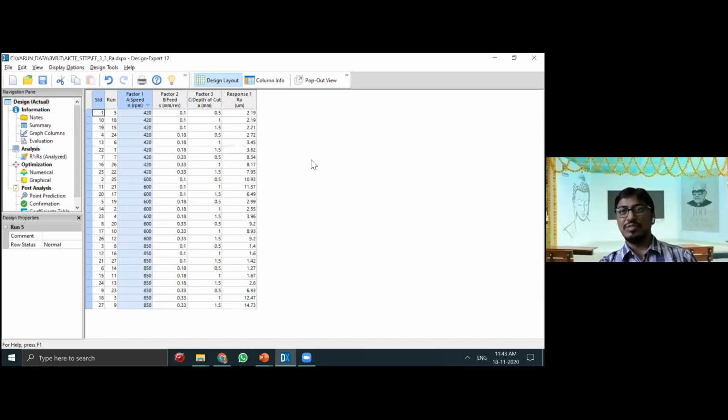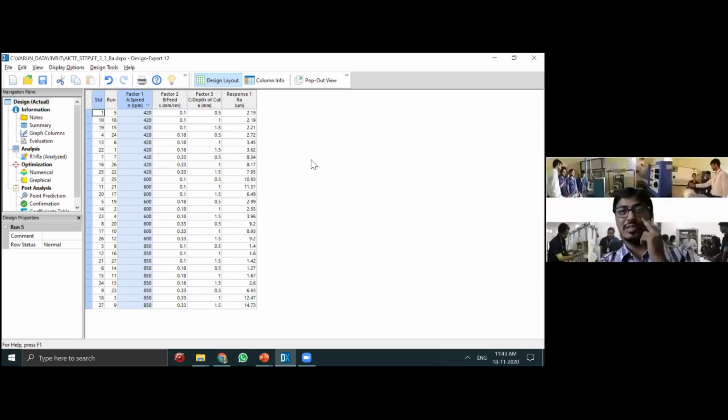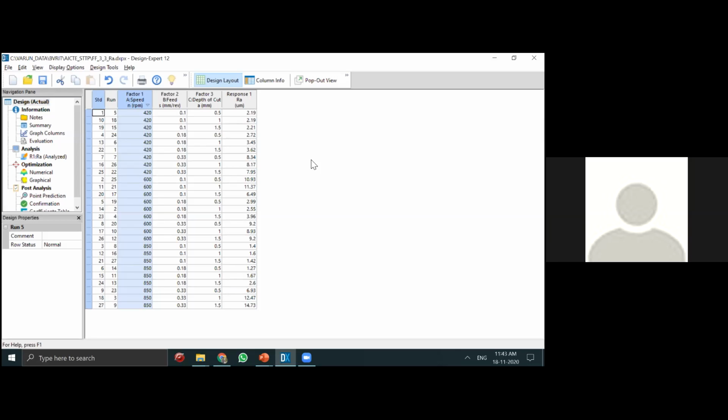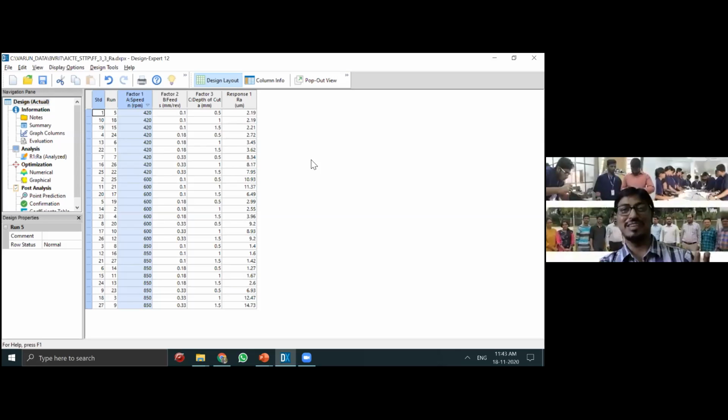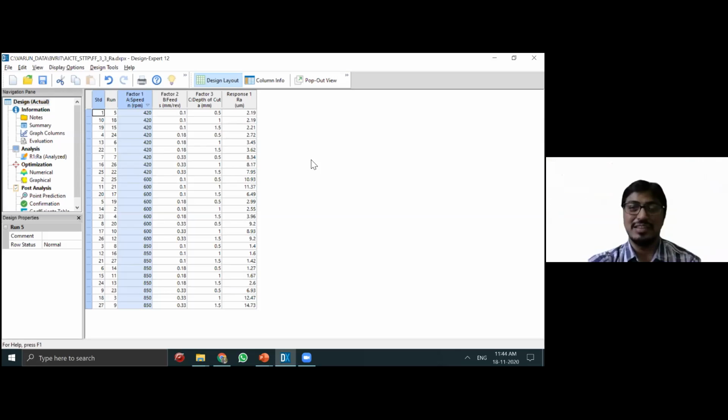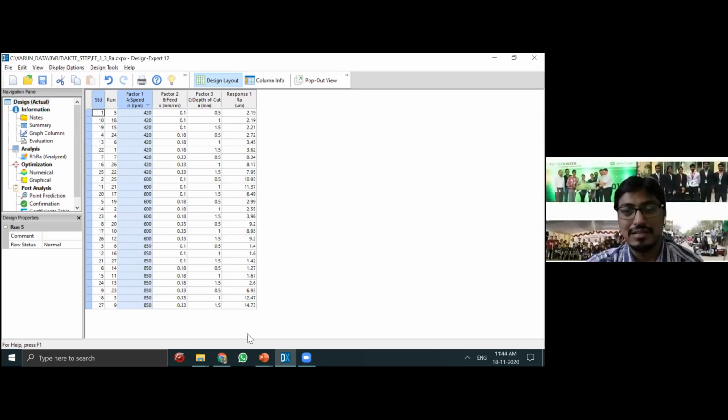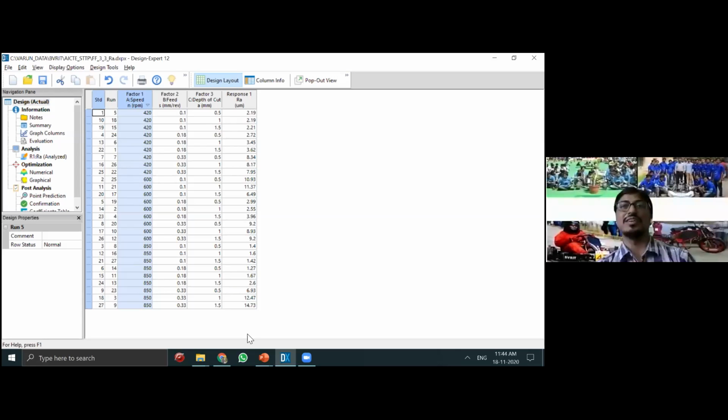You can see how it is behaving, and whether the authors have done it rightly or not. Sometimes they mention that R square is something like 90, but when we do it ourselves, it may turn out to be some manipulation. So these things can also be identified.